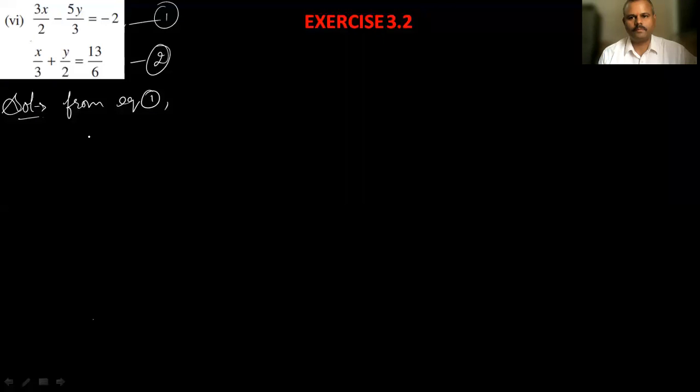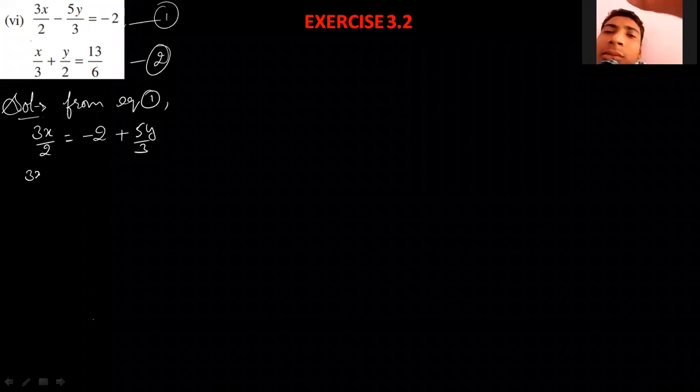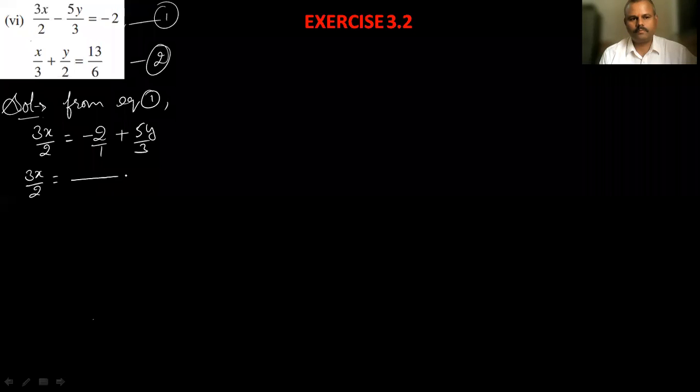From equation 1, 3x upon 2 equals minus 2, and this minus 5y upon 3, when you move it to the other side, becomes plus 5y upon 3. So 3x upon 2 equals, your LCM is 3, minus 6 plus 5y.